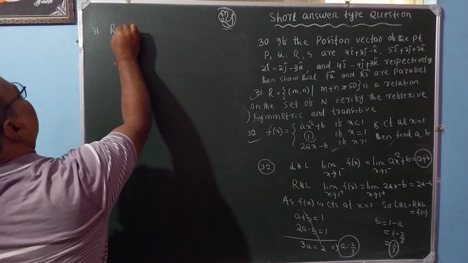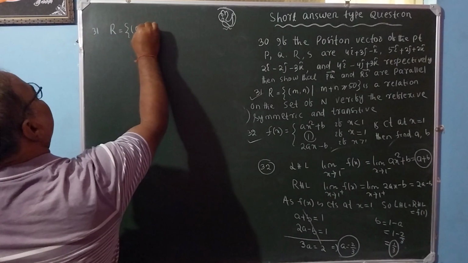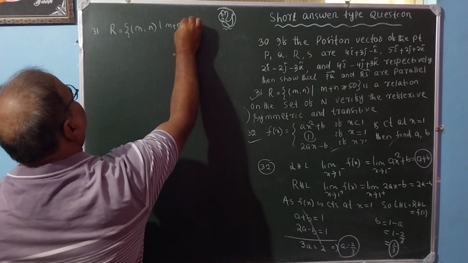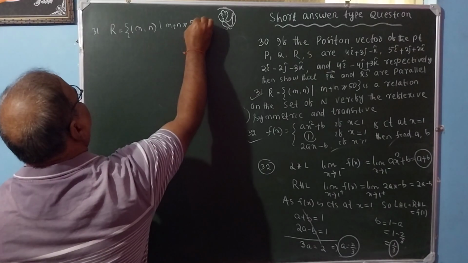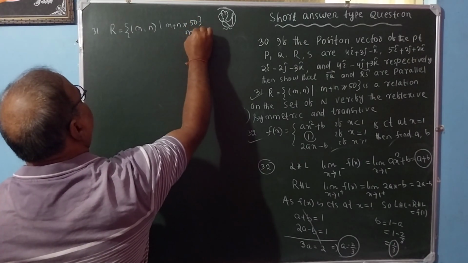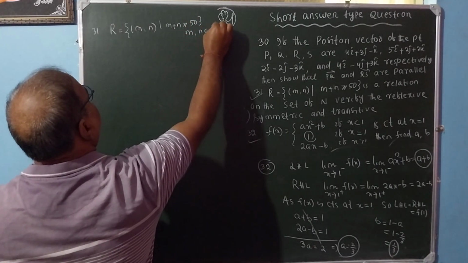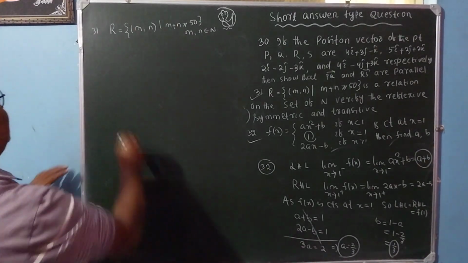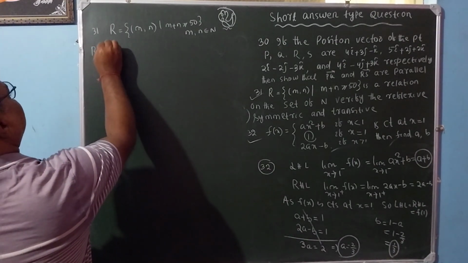R: mRn such that m plus n is greater than or equal to 5, where m, n belongs to N. Okay, first of all we have to verify reflexive.